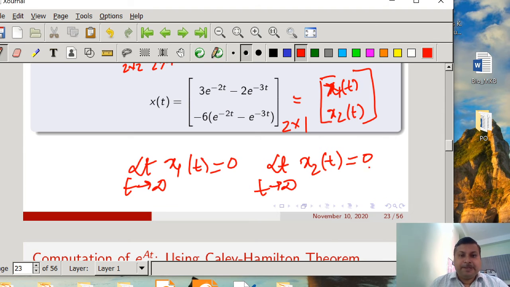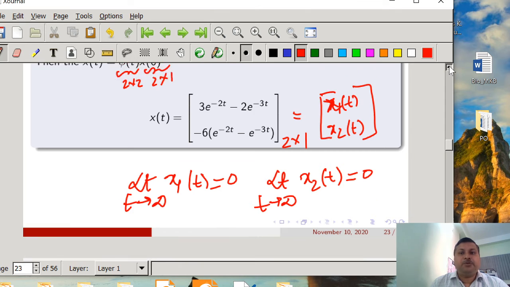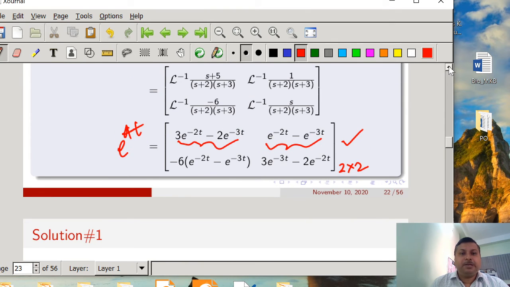Okay, so this discussion we will definitely recall when we discuss the stability of the system, because the elements of e to the power At are very important.